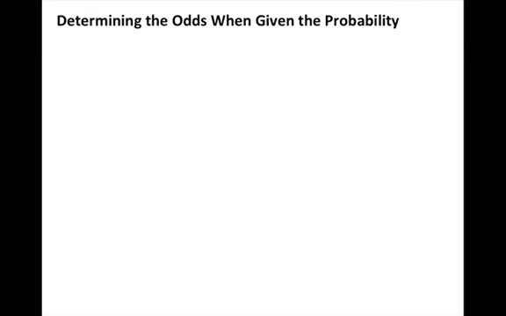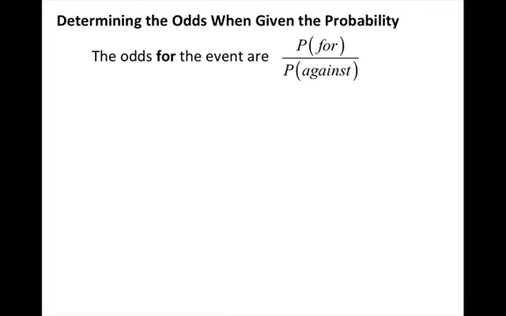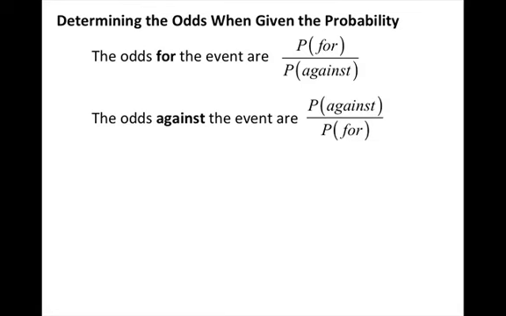So let's look at determining the odds when you're given the probability. The odds for an event are found by finding the probability for the event and dividing it by the probability against the event. The odds against an event can be found by dividing the probability against the event by the probability for the event.